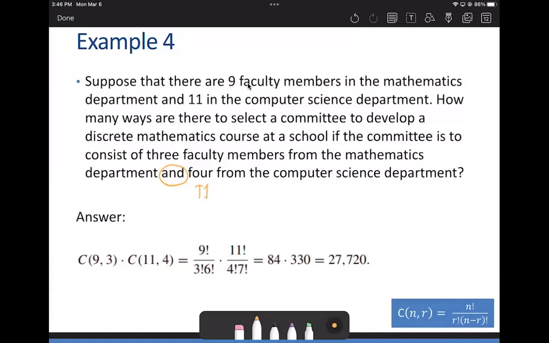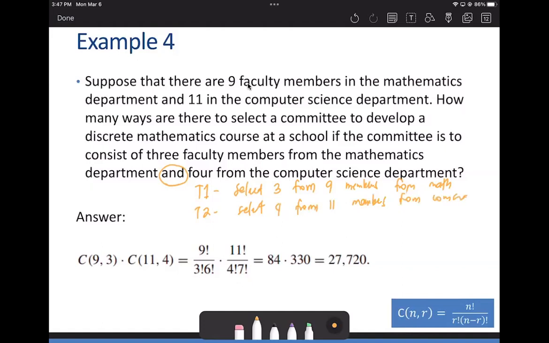So task 1 will be to select 3 from 9 members from math, and task 2 will be to select 4 from 11 members from ComSci.